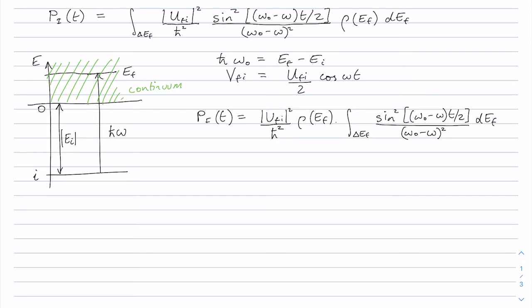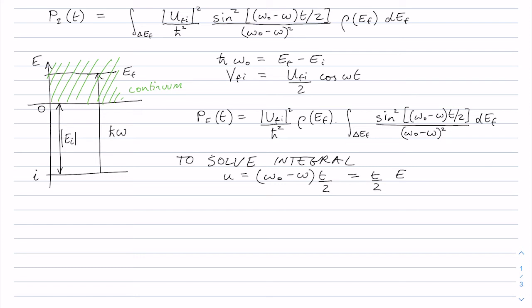We can solve this integral. It's kind of a little bit of a tricky one. So let's just make some manipulations. We're going to make this substitution. u is equal to (omega naught minus omega) times t over 2. And that, I remind you, is t over 2, because omega naught is where our E_F is.